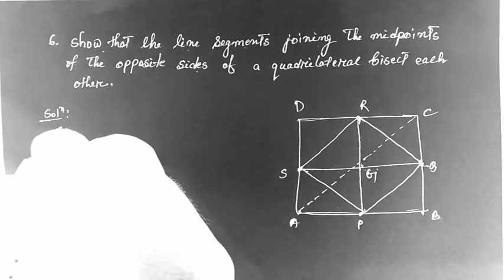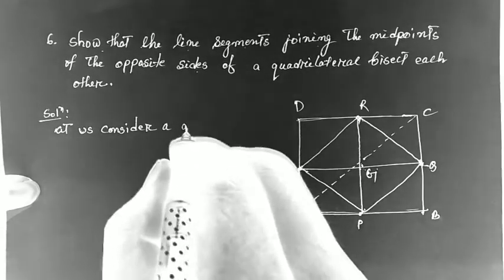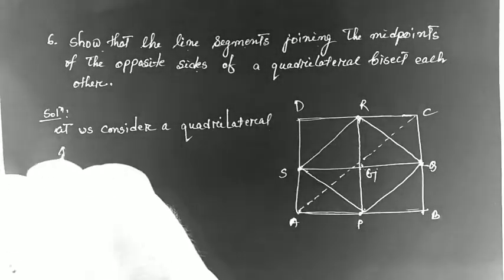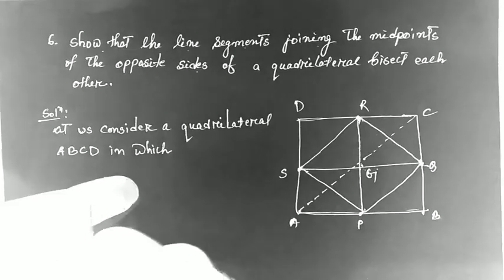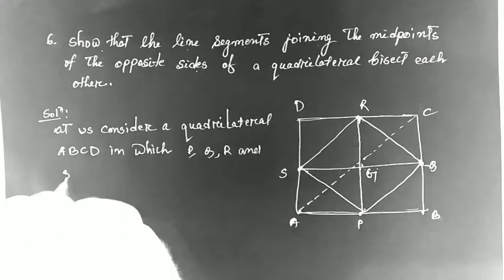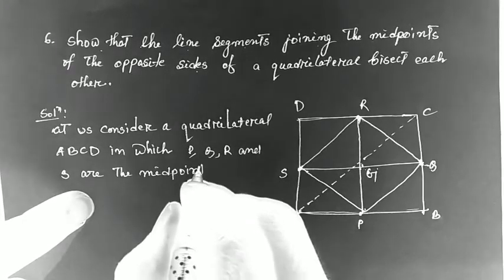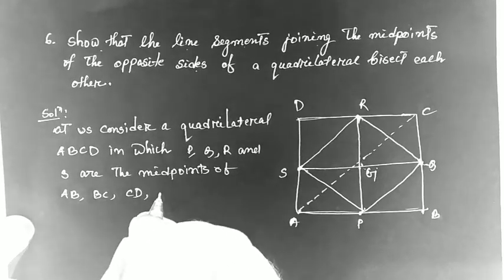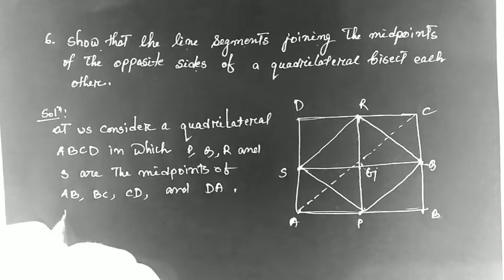So let us consider a quadrilateral ABCD in which P, Q, R and S are the midpoints of AB, BC, CD and DA respectively.